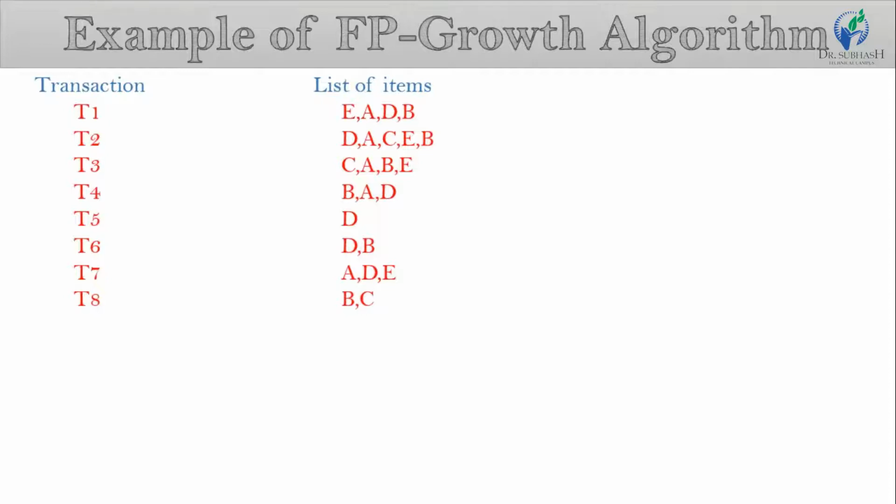In transaction T4, we have B, A, D items. In transaction T5, we have only one item and it's D. In transaction T6, we have two items, D and E. In transaction T7, we have three items, A, D, and E. In transaction T8, we have two items, B and C. For this example, support threshold is given as 40 percent and confidence is equal to 60 percent.